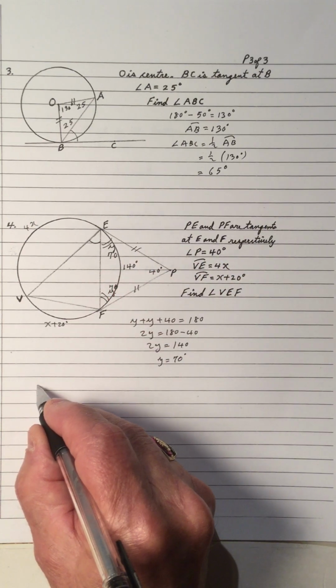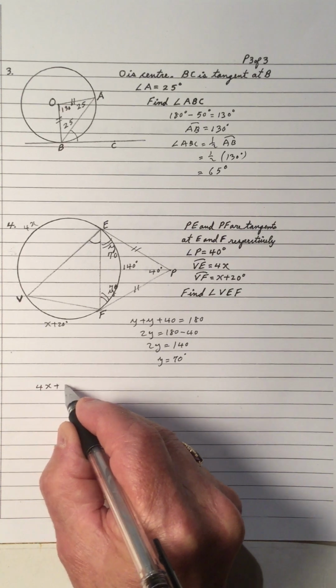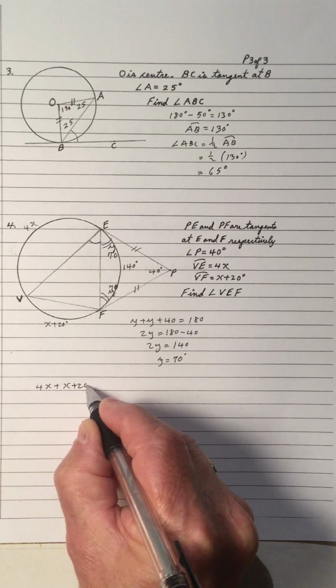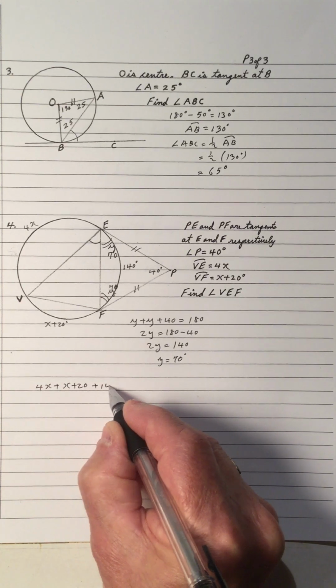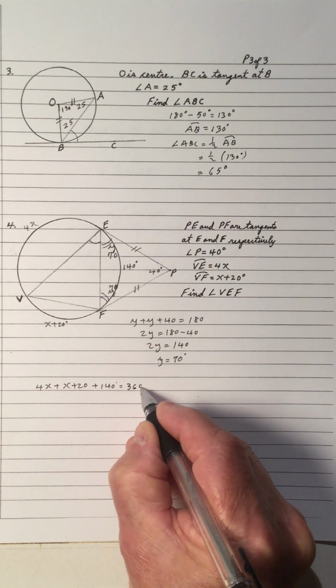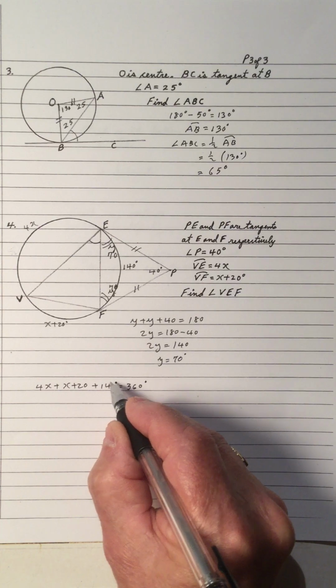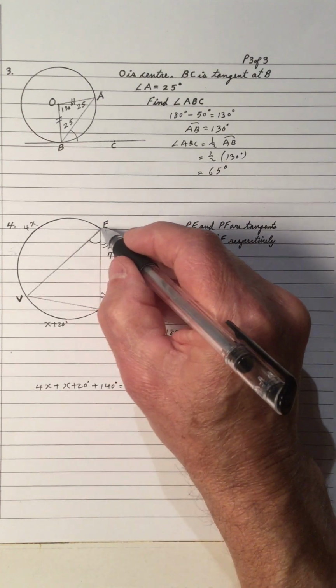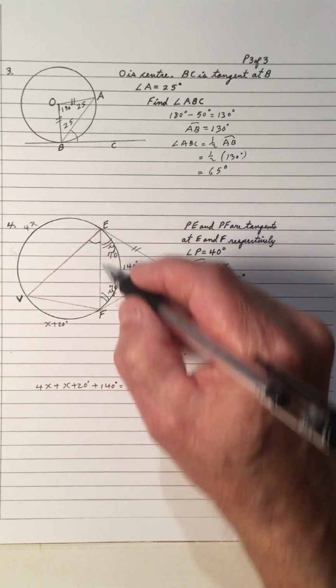That means that 4x plus x plus 20 plus 140 equals 360 degrees, because all the way around the circle is 360.